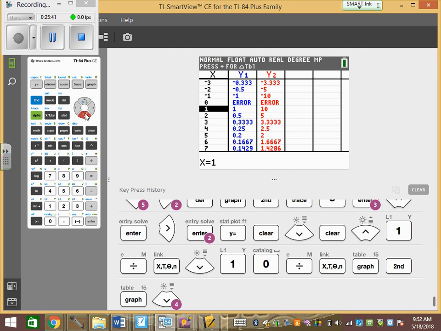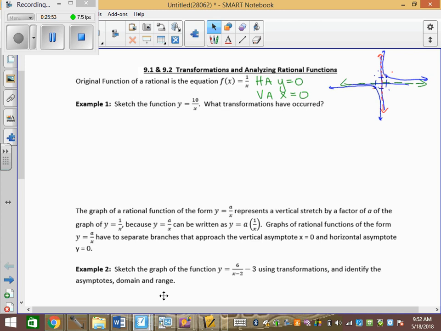What are we multiplying by? By 10. Because it's a vertical stretch by a factor of 10 about the x-axis. Oh my gosh. So why is that? You guys always say the vertical stretch is the number that's in front, that a, correct? The a value is my vertical stretch. I can rewrite this as y equals 10 bracket 1 over x.